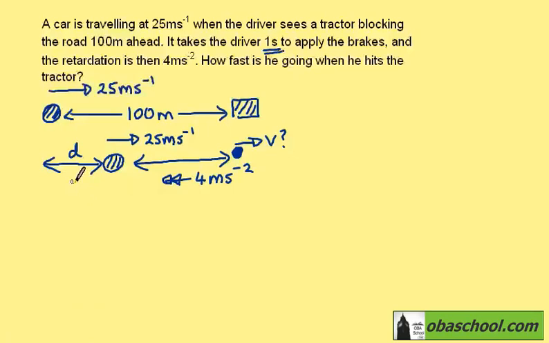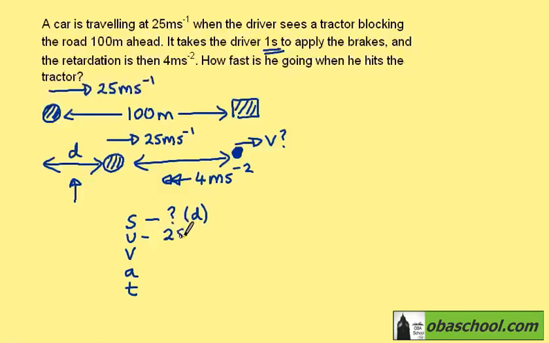If we consider this first part of the motion to begin with, we could just use the fact that s is equal to ut, distance is equal to speed times time, since there's no acceleration. However, I'm going to proceed using SUVAT. Collecting the information for this part of the journey, the displacement is what we don't know, we've called it d.